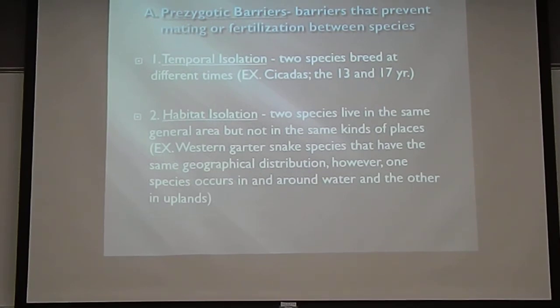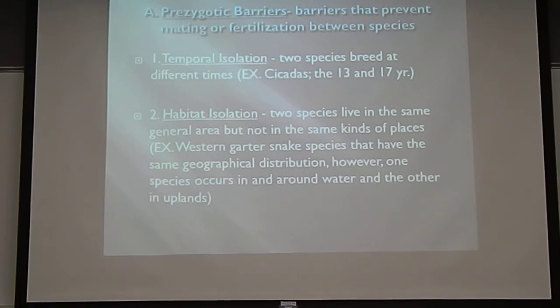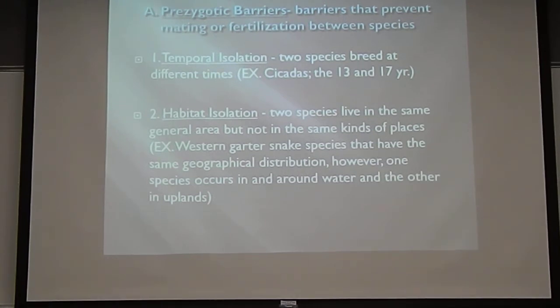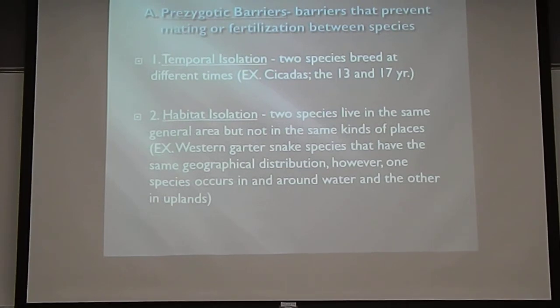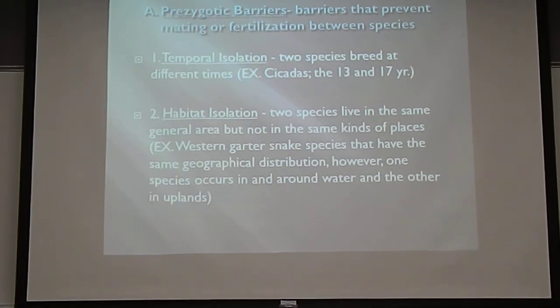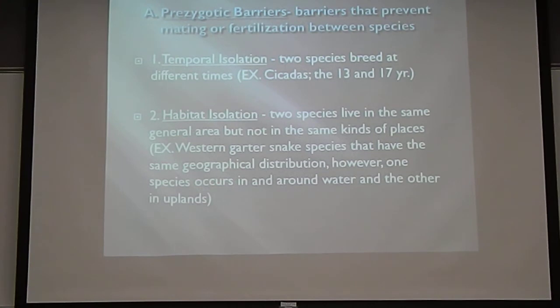These periodic cicadas are hardly ever around at the same time, so they don't reproduce with each other, because they're not there at the same time. So that's temporal isolation.